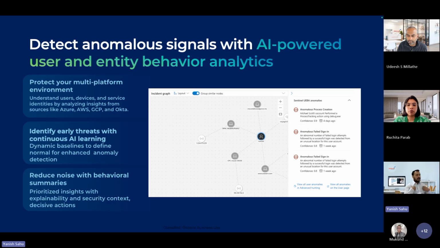Say Udeesh and I are in the same team and we do have the same job roles, but we are doing a very, very different set of activities which could be leading to an anomalous breach or anomalous activity in my environment. That is something that I would want to detect, which Microsoft helps me do with its continuous user data coming in from its UEBA sources.